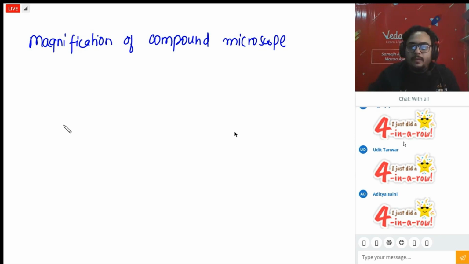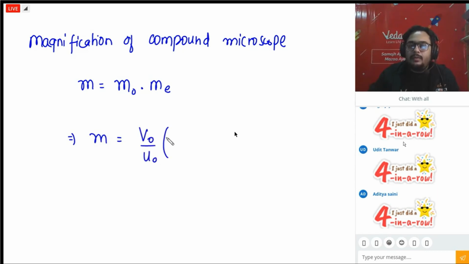If you have two lenses, this is simply magnification of objective multiplied by the magnification of eyepiece. Are you getting my point? So I can say magnification will be VO by UO into 1 plus D by Fe. And that is the formula that we remember.